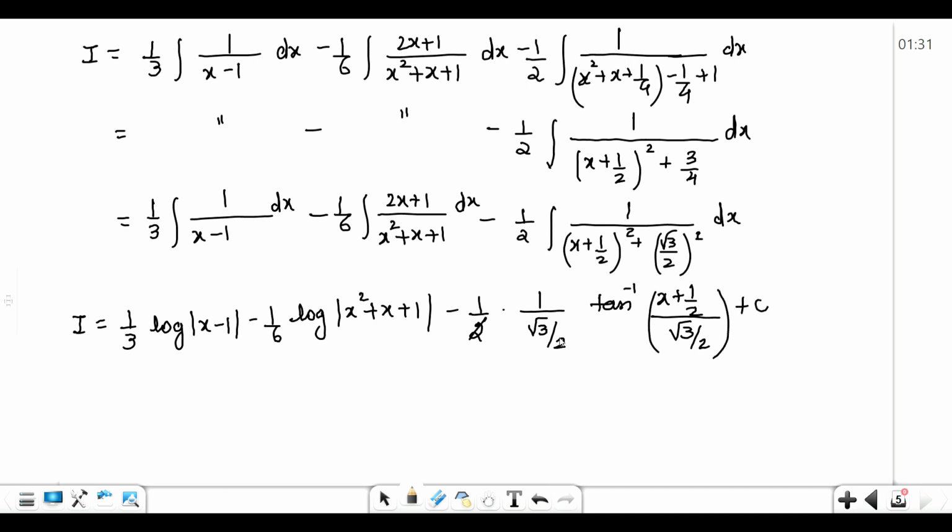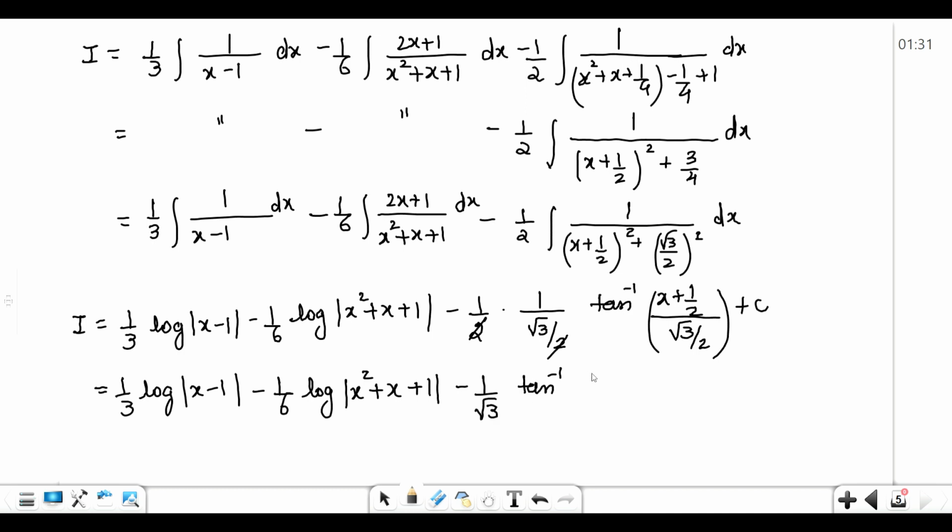This 2 and 2 will get cancelled, so we are left with 1 by 3 log of x minus 1, minus 1 over 6 log of x square plus x plus 1, minus 1 over root 3 tan inverse. Now this can be done by using LCM, that will be (2x plus 1) upon root 3, plus c. So this is the final answer that we have got.